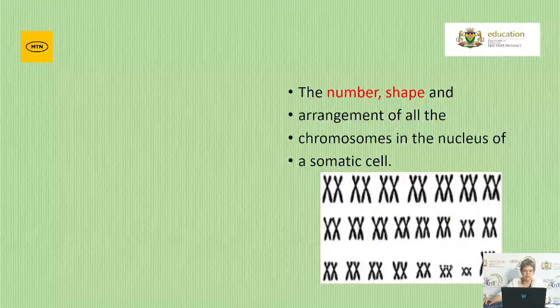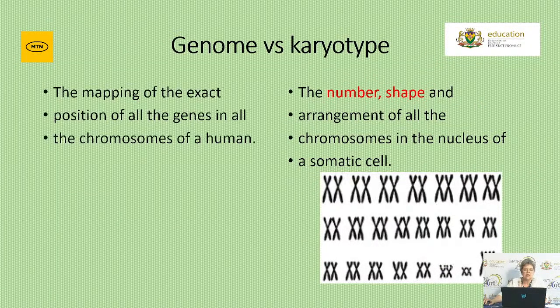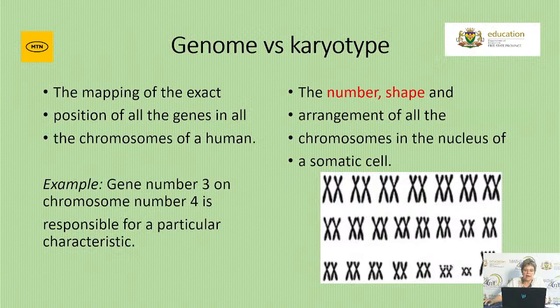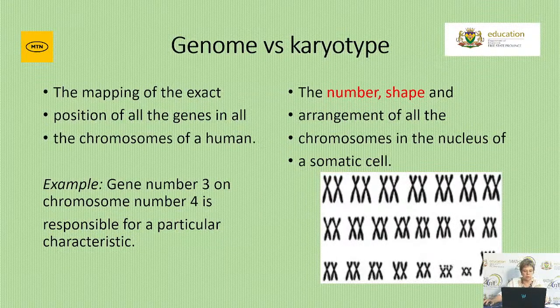Then the other one that is problematic is a genome versus a karyotype. A genome is the mapping of all your genes on all your chromosomes. That is the genome. And a karyotype is the arrangement of the number and shape of all your chromosomes. So listen carefully, a genome is all your genes on all your chromosomes, and that is the human genome.